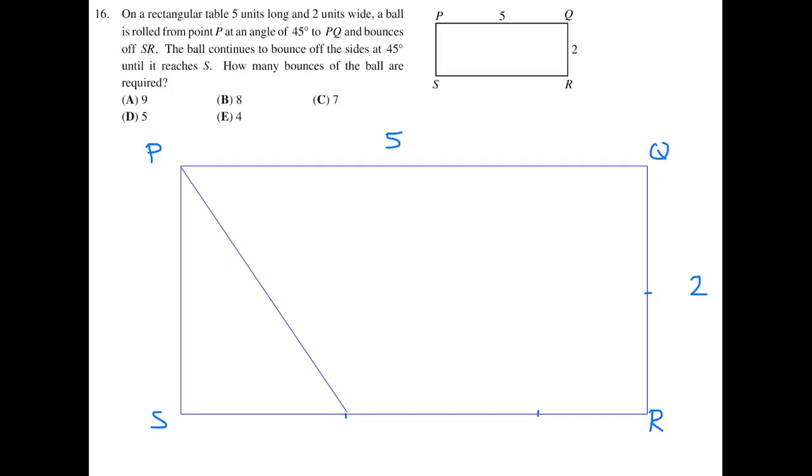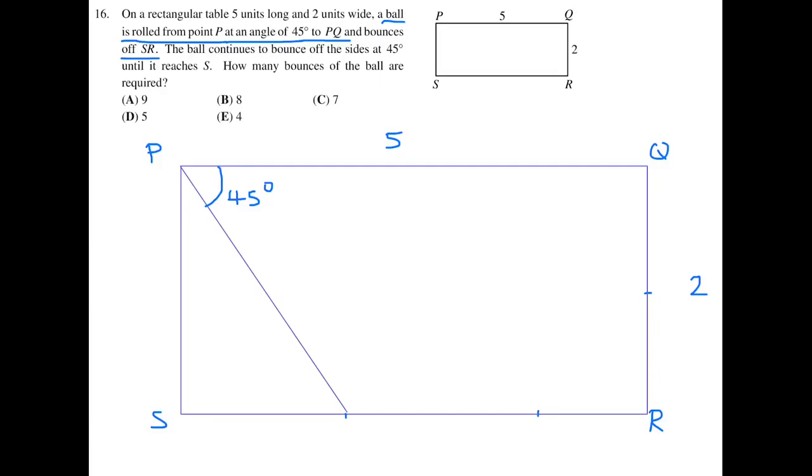So that basically means that this is 45 degrees, right? That's what the first part says. A ball is rolled from point P at an angle of 45 degrees to PQ and bounces off SR. So it indeed bounces off SR. And then it keeps going like that.